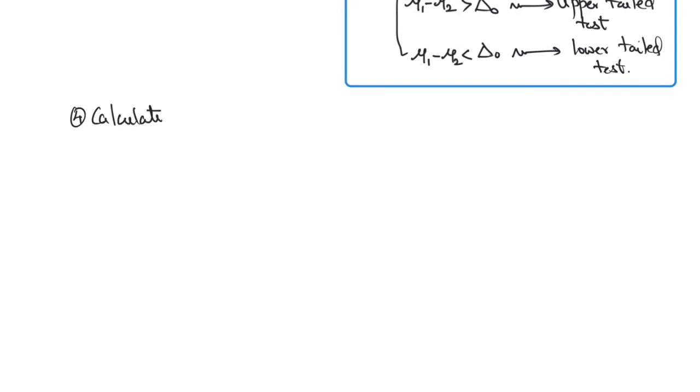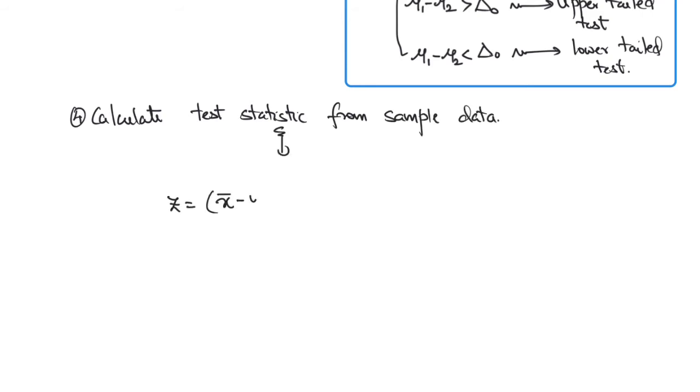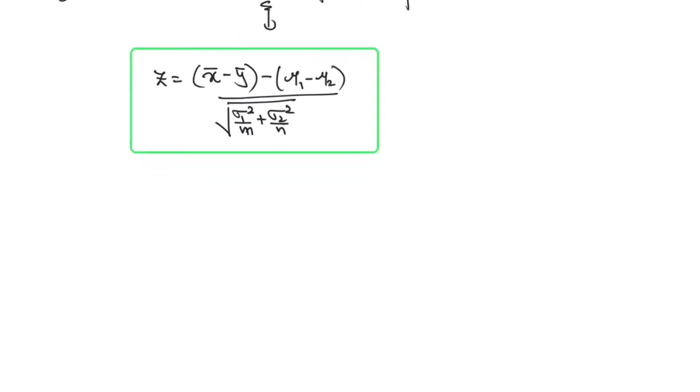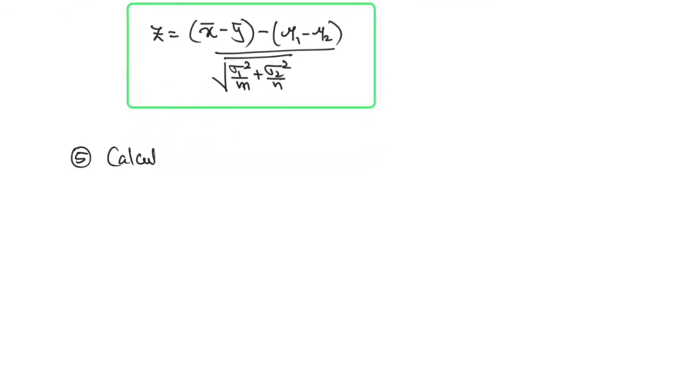We will then calculate our test statistic given the sample data. The test statistic is going to be calculated by small x bar minus small y bar minus delta 0 divided by the square root of sigma 1 squared divided by m plus sigma 2 squared divided by n. We use the test statistic to calculate the p-value, and the p-value calculation is going to depend on the alternative hypothesis.